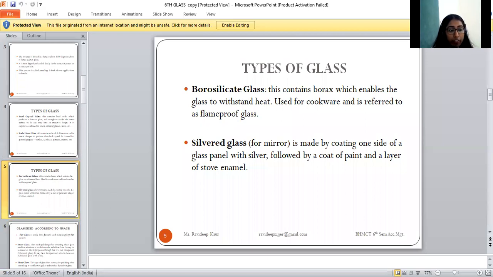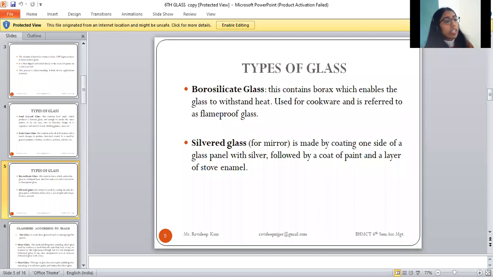And this silver glass is what makes a mirror, because the back side of this glass is covered with silver, and a coat of paint and a layer are applied so that it cannot be transparent, which makes it a mirror.